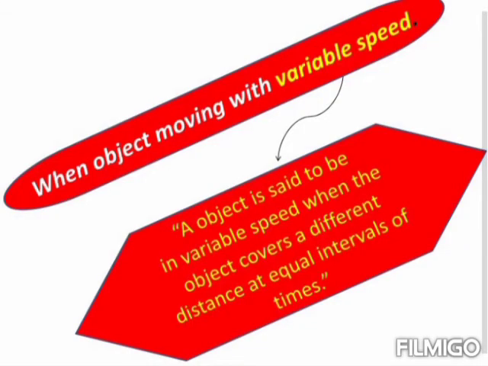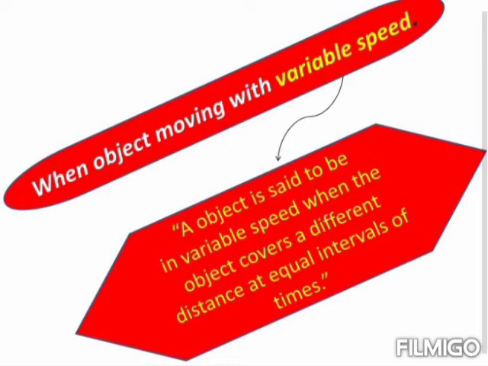The third case or third condition for the distance-time graph is when the object moves with variable speed. Variable means there is a change in speed. The word variable means there is a change. It is derived from the word vary, and vary means change. So the definition for variable speed is that an object is said to be in variable speed when the object covers different distances at equal intervals of time.